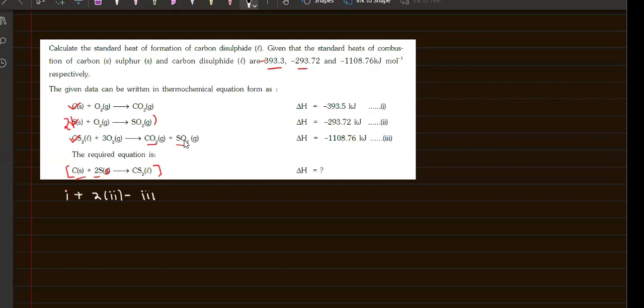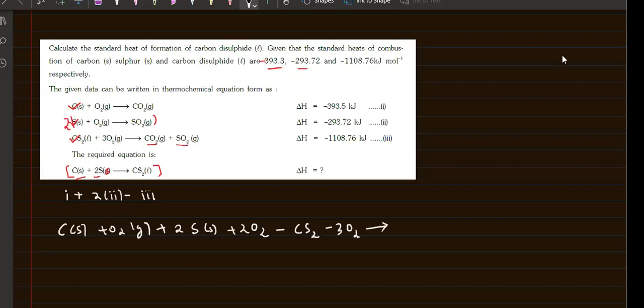So let's see: carbon solid plus O2 gas plus 2 sulfur solid plus 2O2, minus CS2 minus 3O2, gives CO2 plus 2SO2 minus CO2 minus SO2.